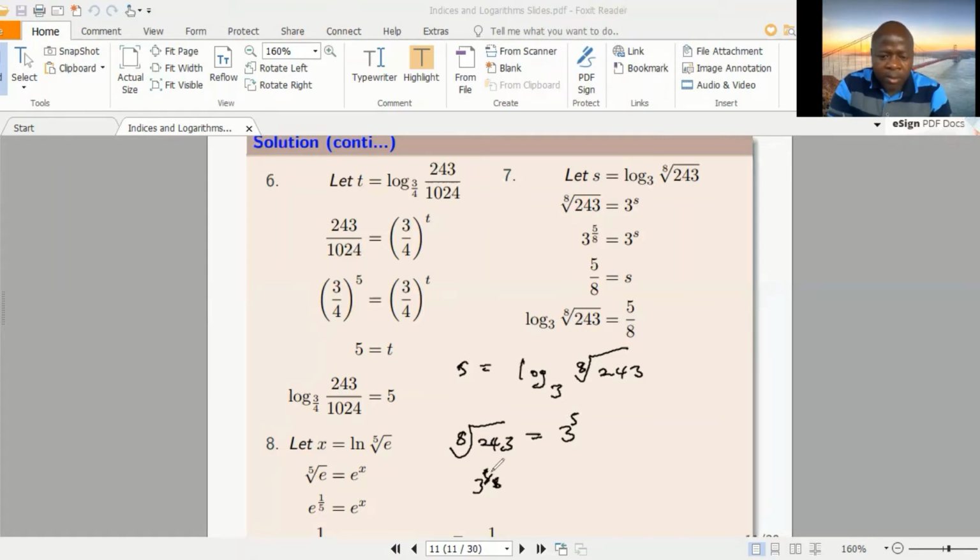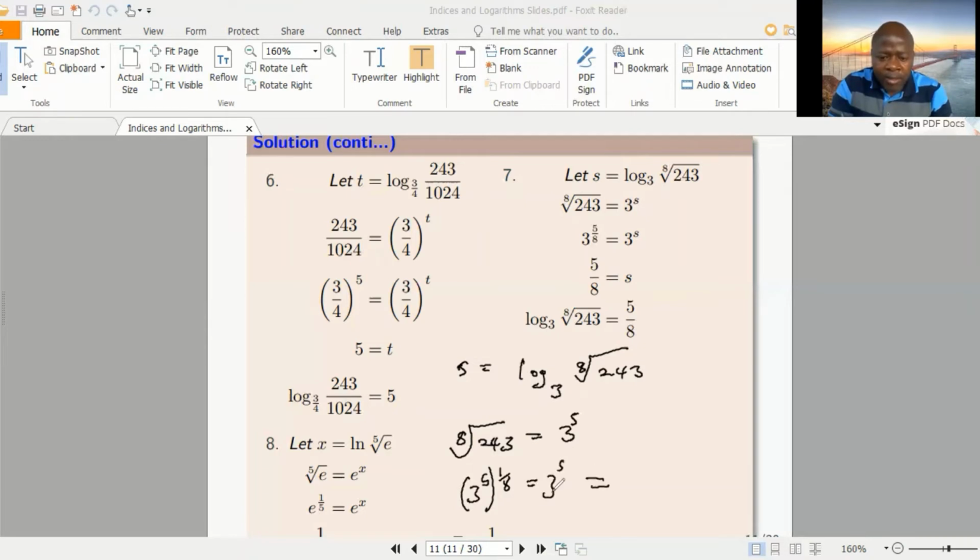The 8th root of 3 raised to 5 gives you 3 raised to s.